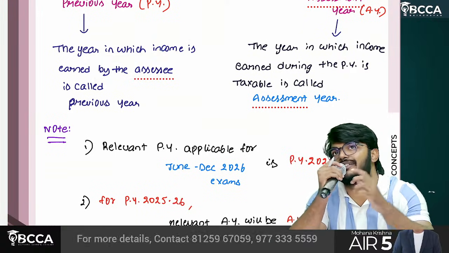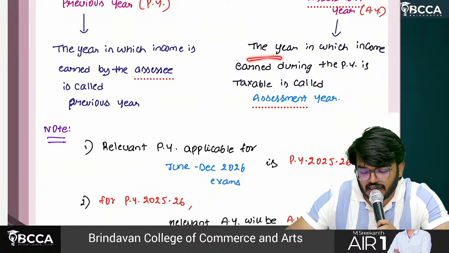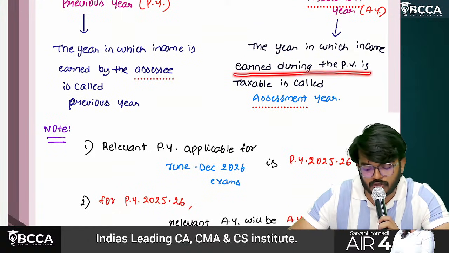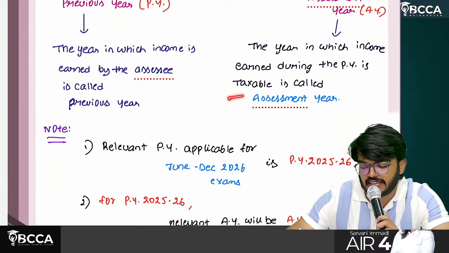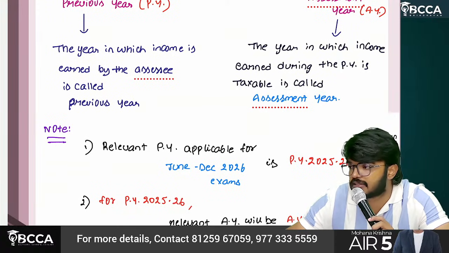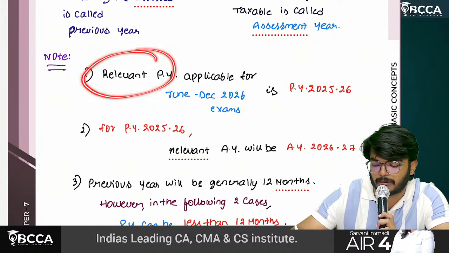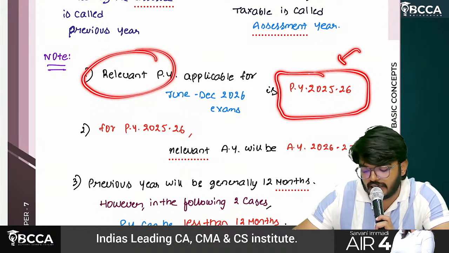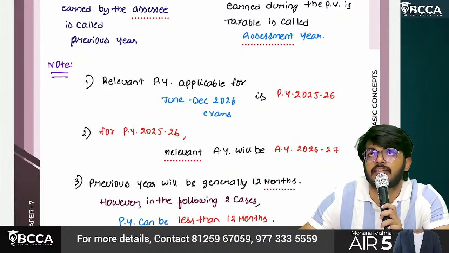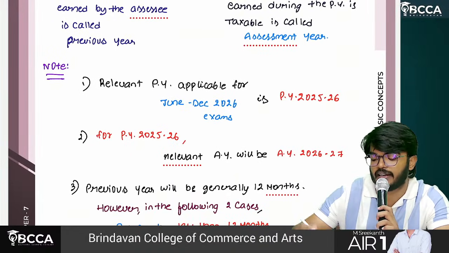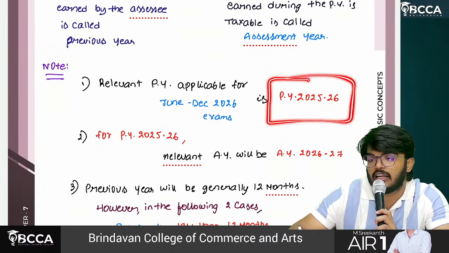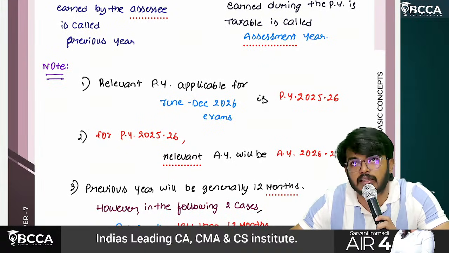What is the meaning of assessment year? The year in which income earned during the previous year is taxable is called the assessment year. For your exams, the relevant previous year is 25-26. Always remember, in your exam they will ask you to find out the tax for which previous year? 25-26. Okay.